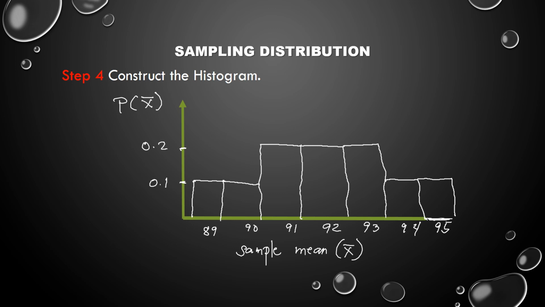If you try to look at that, they are more likely normally distributed at the center of 92, which we computed a while ago as our sample mean, right? This is our sample mean, the 92. I've mentioned that your sample mean will be around that value, which is 92. So that is how you do your sampling distribution.